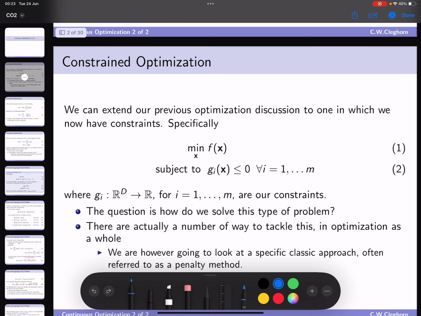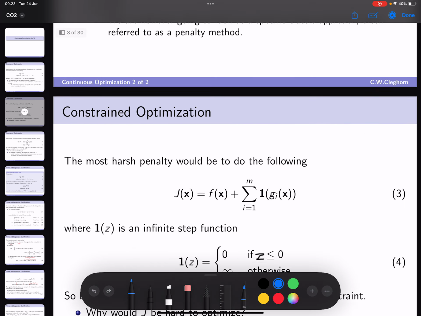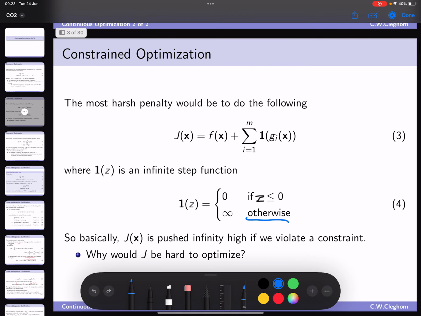In other words, whenever I violate my constraint, g of x less than or equal to 0 being what I'm constraining to, I'm just going to have an infinitely large value. And if I don't violate that, if the input to this infinite step function is less than or equal to 0, which is again what I want from my gi, then I just output 0, and it's the same as saying, well, I want to now minimize f of x.